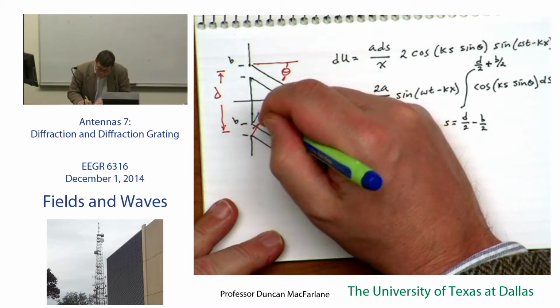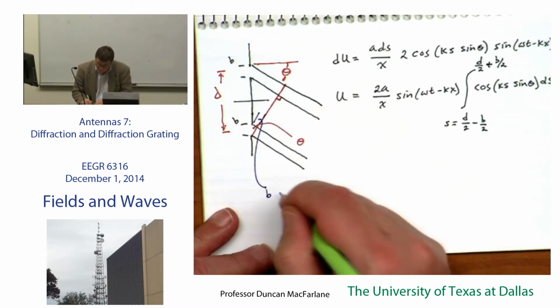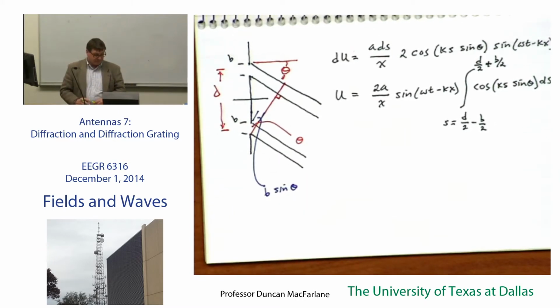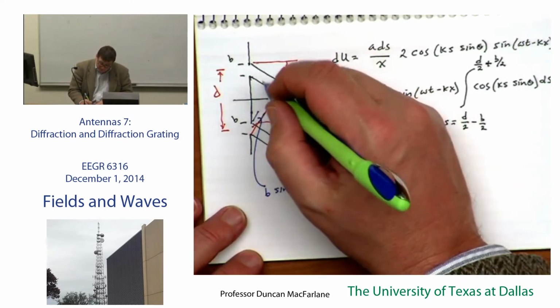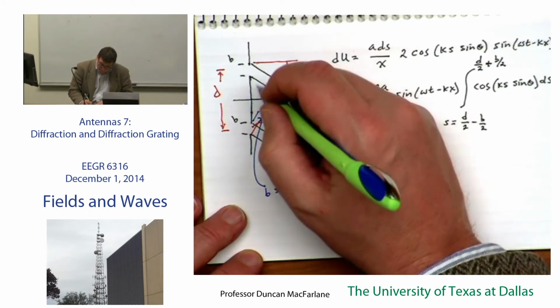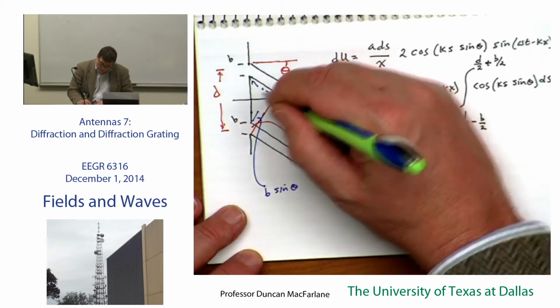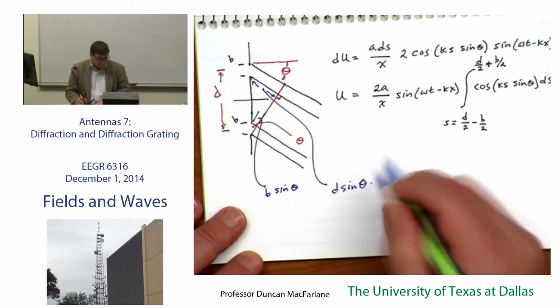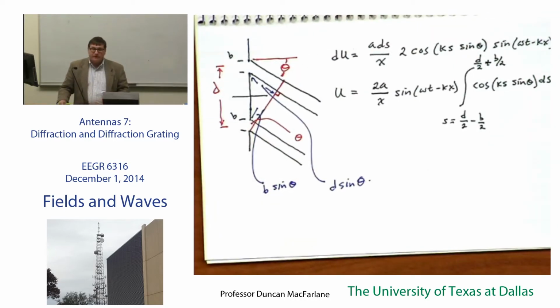So this distance here is b sine theta. This distance here is d sine theta. And those two are my two basic phase shifts.